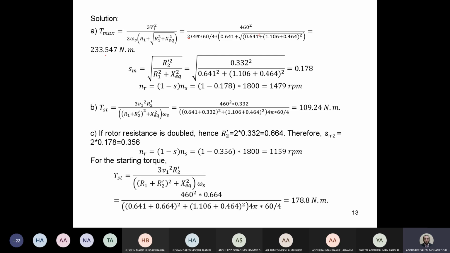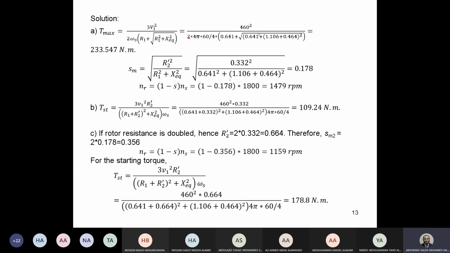We will compare this value later with the values of starting or full load torque if required. Regarding speed, in order to get the speed at maximum torque, we need to get the slip. The slip at maximum torque is also well known; it's a function of the parameters: R2 prime over square root of R1 square plus X equivalent square.